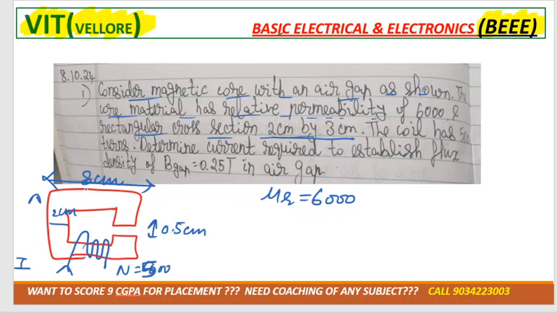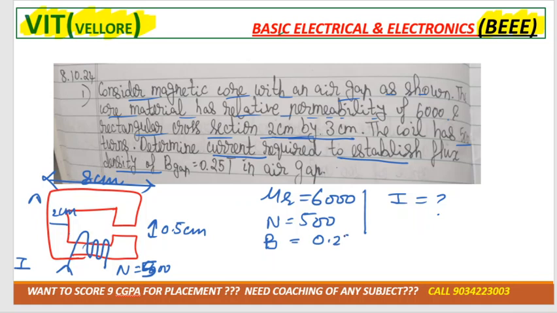The coil has 500 turns, N is equal to 500. Determine the supply current required to establish a flux density B of 5 Tesla in the air gap.